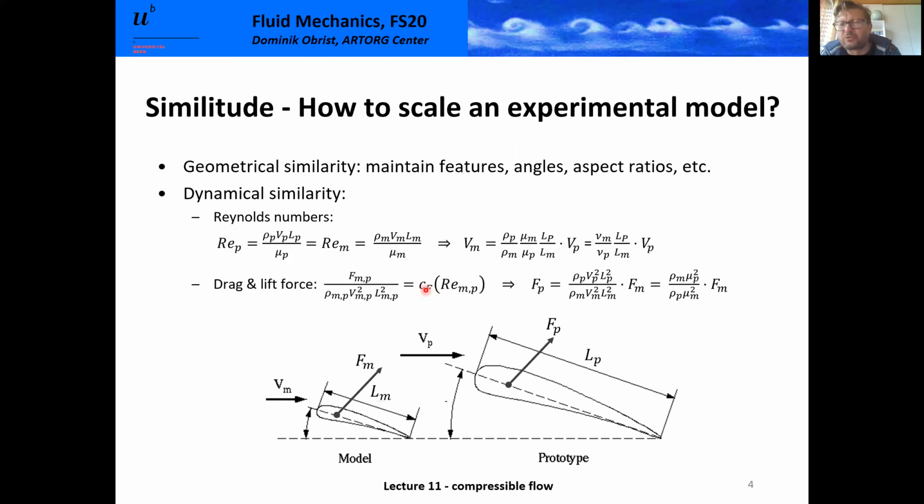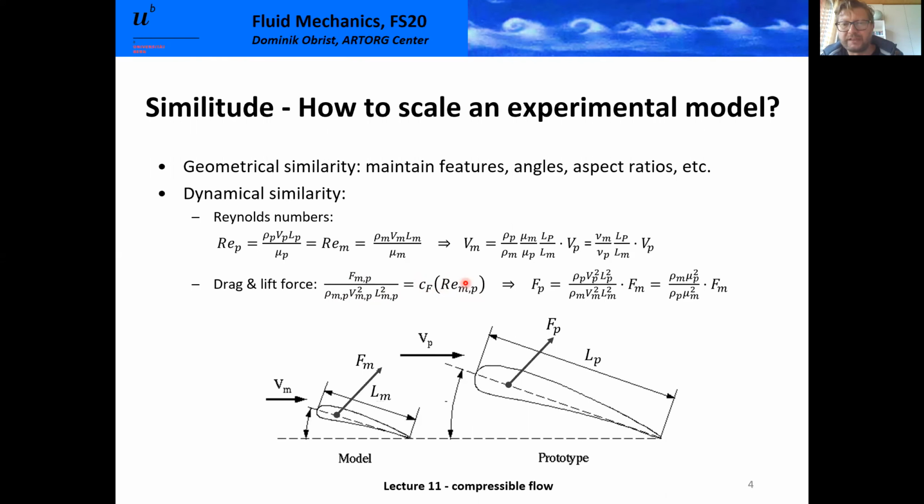At this point, we call it the drag coefficient. That's just CF, the force coefficient. If we divide the force by density times velocity squared times an area, or here it's just a length scale squared. And that coefficient is just a function of the Reynolds number, okay?